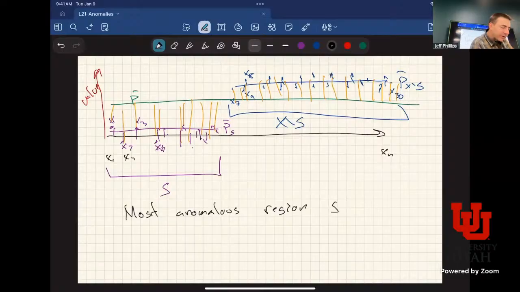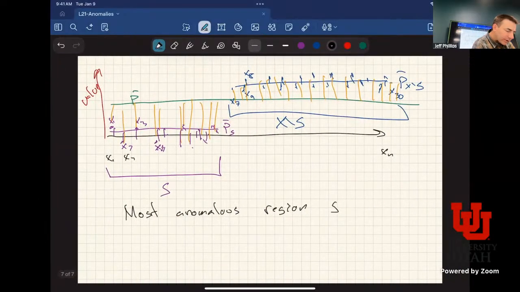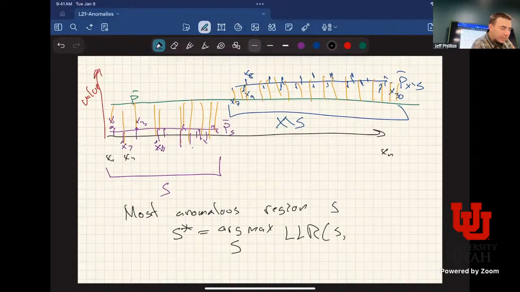S is the one, so let's define this as LLRS of S, X. That equals the arg max over regions S of the log likelihood ratio with respect to S and X. Okay, so I can define this function, the log likelihood ratio.